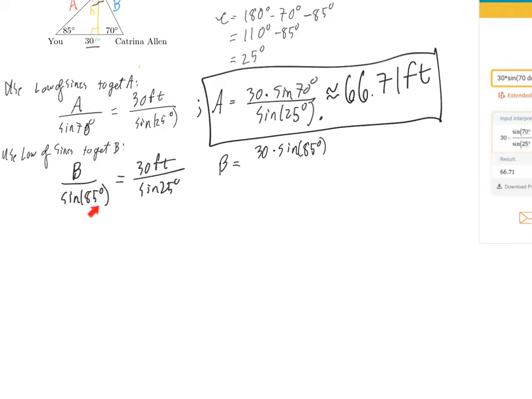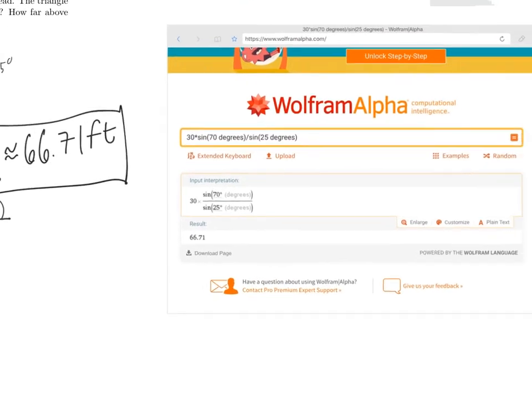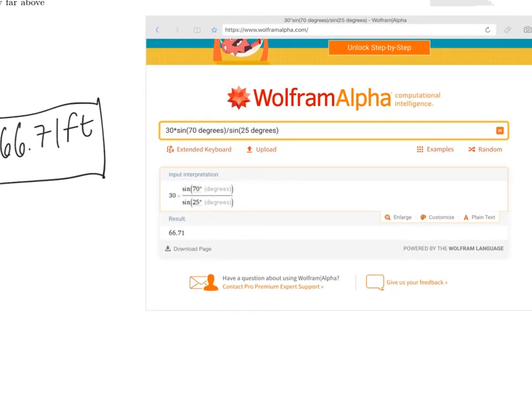You would multiply that over to the other side, and you are still dividing by the sine of 25 degrees. Well, using a machine again.